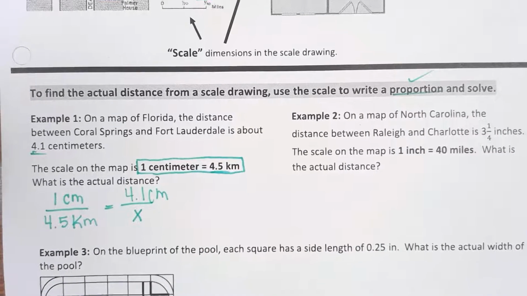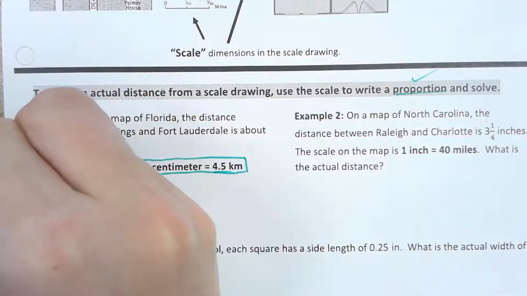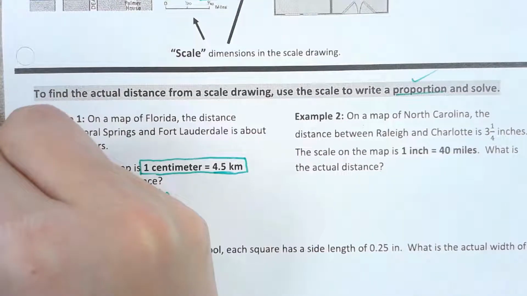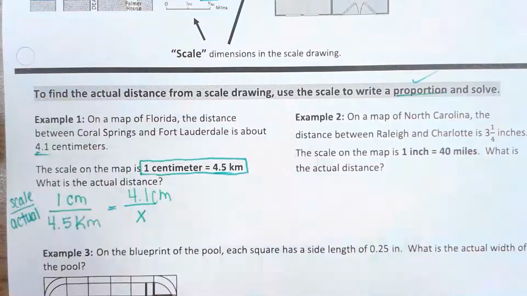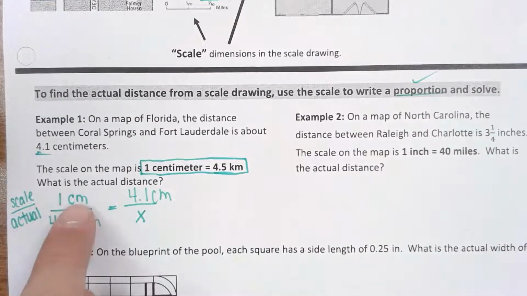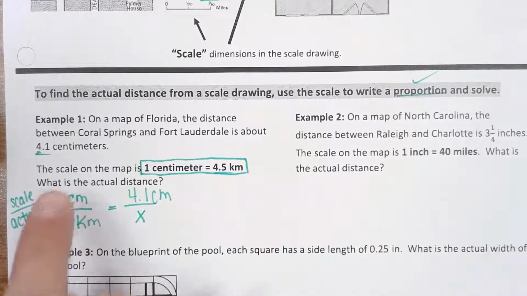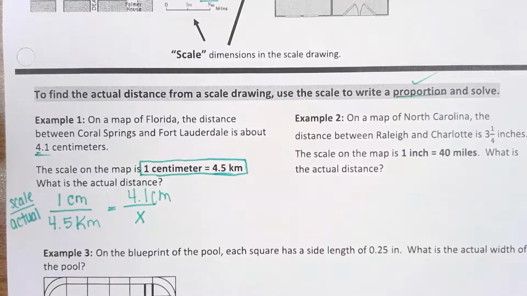And when you guys set up a proportion, it's always going to be the scale over the actual. So as you guys can see, the scale had 1 centimeter, the actual was 4.5 kilometers, okay? So that's another way that you guys can tell if you're setting it up correctly.